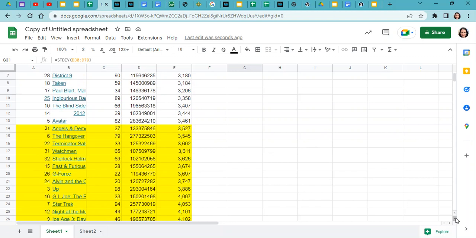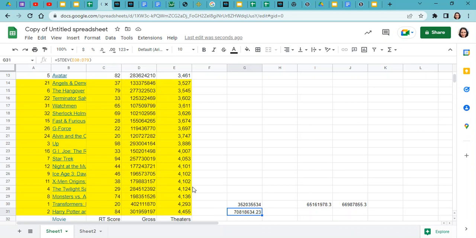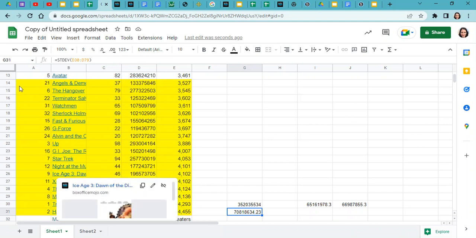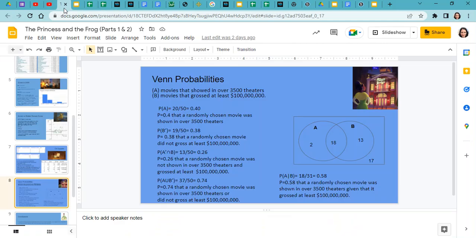This group down here is over $100 million and over 3,500 theaters. And so if I count those up, I should have, let's see, I think 18. Let's see if that's what I got. So I had 18 that were in both groups.